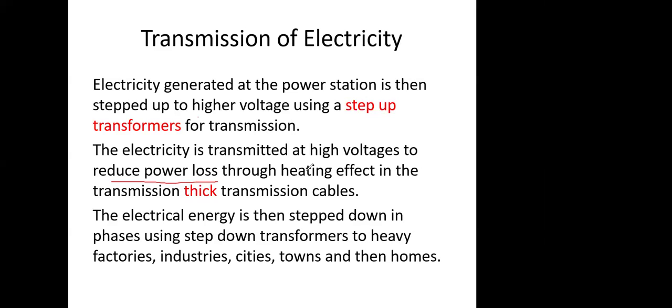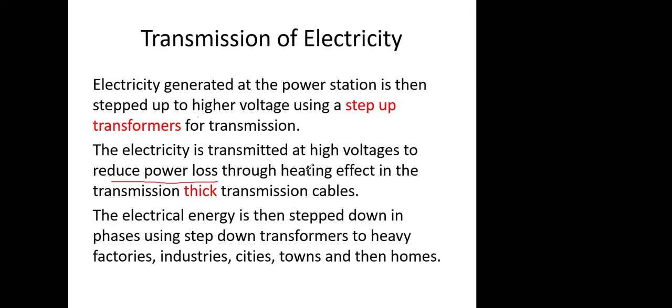Because the power needed in homes is not the same power that can be used to run a whole factory or a whole industry. So the phases on which the energy is stepped down vary according to what that energy does at a specific place.